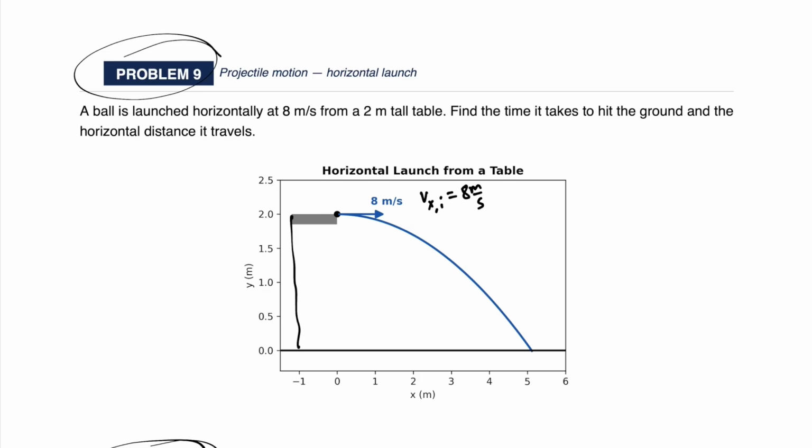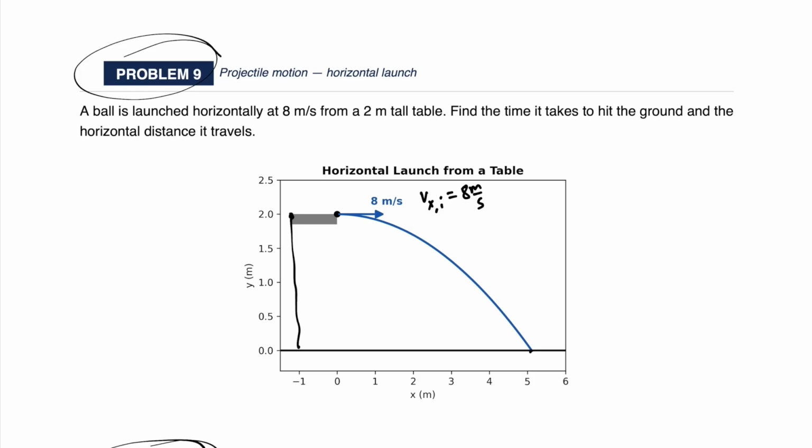Okay. So in order to do that, you obviously have to pull from one of the big 5 kinematic equations. Just which one? You might be tempted to use one of the time equations or the range or time of flight, which I showed you. But remember, that only works when they both end and start at the same place, which doesn't happen here.